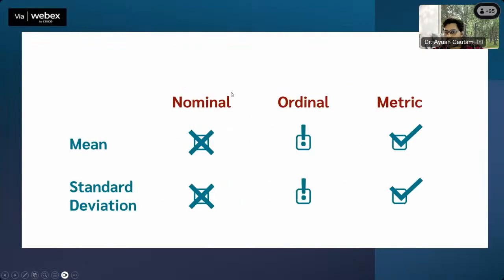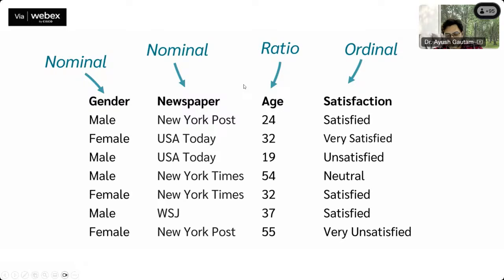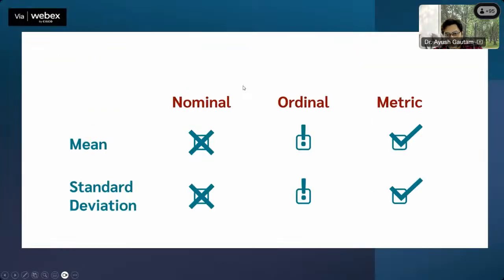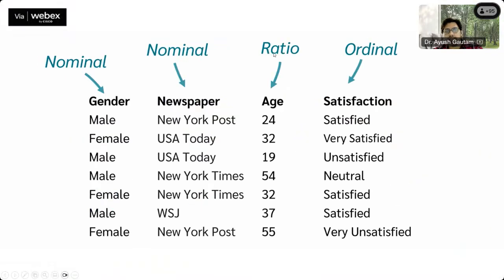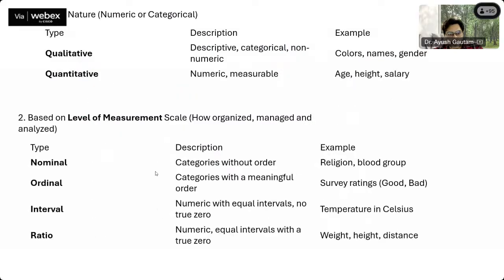Another aspect is ratio data, and there is another kind of data called interval data. There are two kinds of data. Here you can see written nominal and ordinal, interval and ratio. So nominal and ordinal both are categorical data, okay, and these are the quantitative data. We also call this metric data.